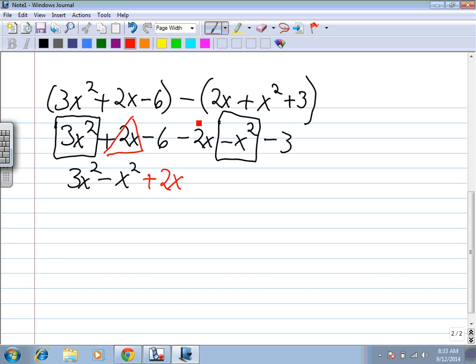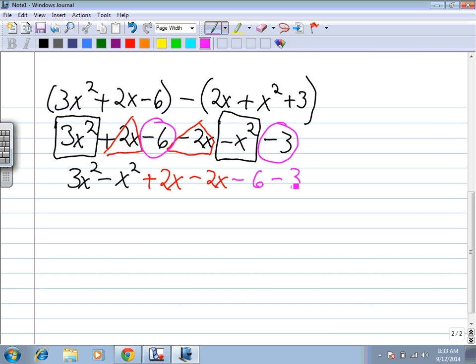And then there's a negative 2x. That's not quite a triangle, but it's different from a square, so it's negative 2x. And what else do I have left? I still have a negative 6, so I'll put that in a circle.